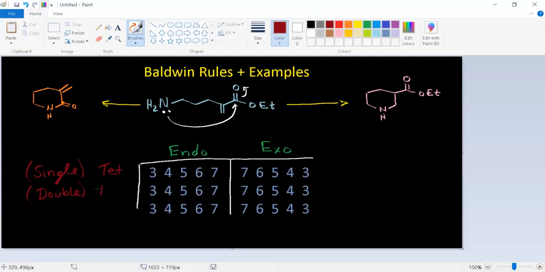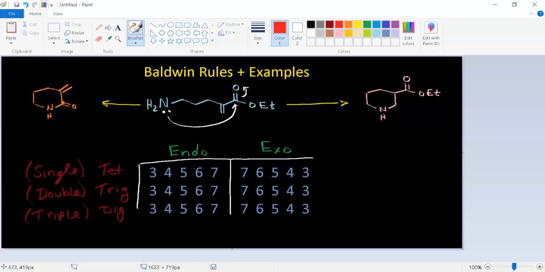Baldwin called those trig. And the last one is dig, and you guessed it, those are going to be triple bonds. The names tet, trig, and dig come from the actual bond angles that are made when trying to form these rings.